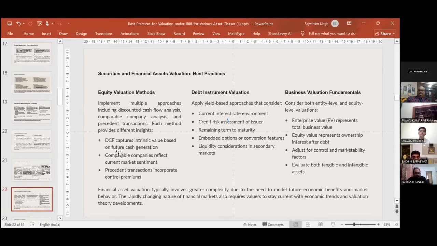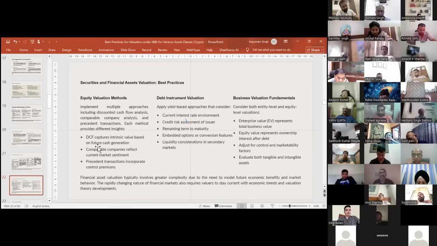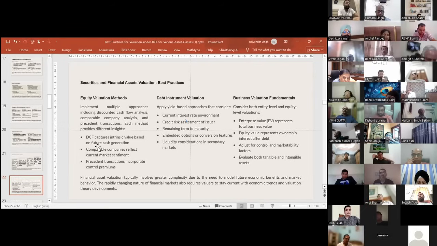And for business valuation fundamentals, you have to consider both entity level and equity level valuation. So under business valuation, you may have to do enterprise value. It represents the total business value of the company. Then equity value represents the ownership interest after that.